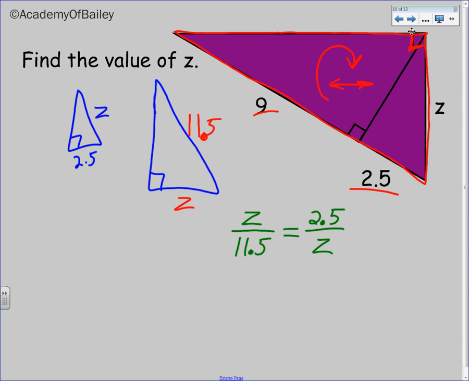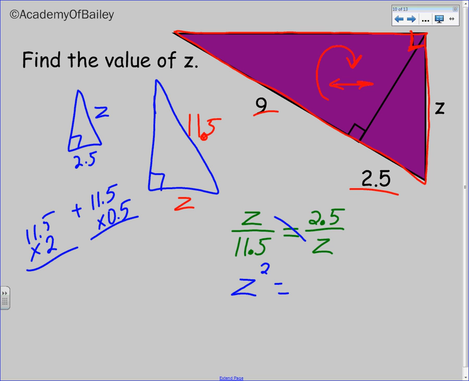And let's work some things out. Z times Z is Z squared. What is 11.5 times 2.5? Well, I know 11.5 times 2 and 11.5 times a half.